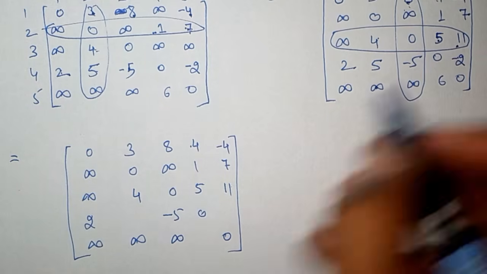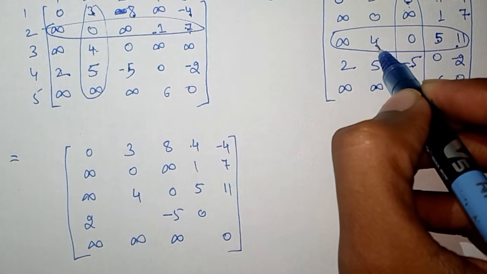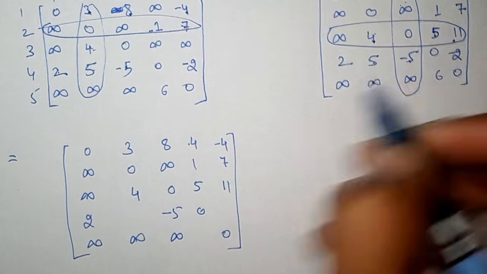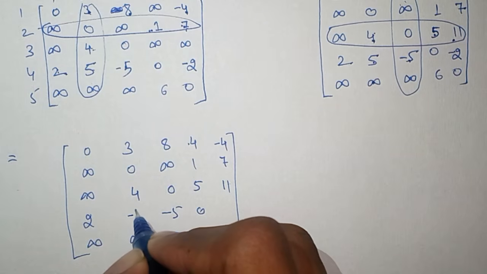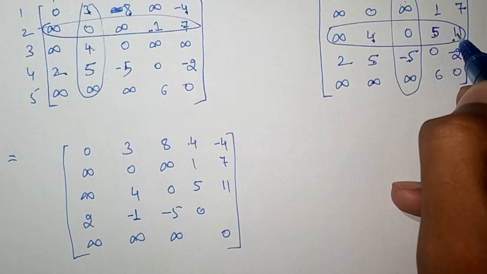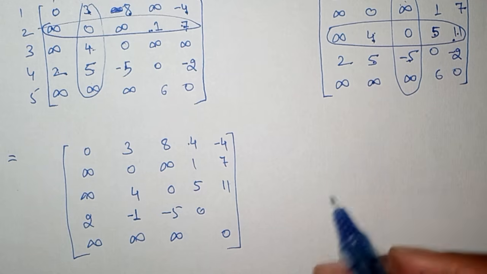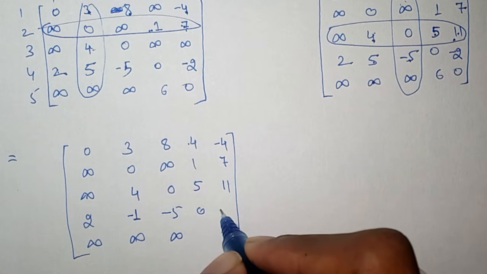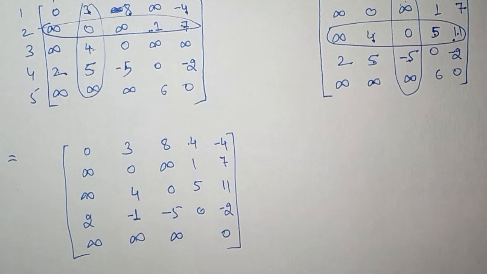For this element, -5 plus 4 is -1, which is less than 5, so there is a change to -1, and -5 plus 11 is 6, which is not less than -2, so there is no change in this element.